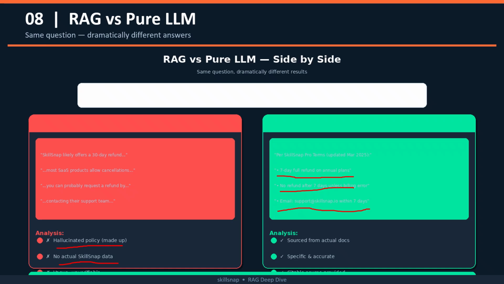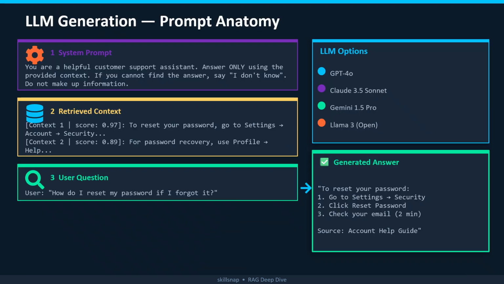The RAG is giving something which is sourced from the actual documents, and it is specific and accurate. RAG does not hallucinate, but LLMs do hallucinate. So that's how RAG is different from a pure LLM.